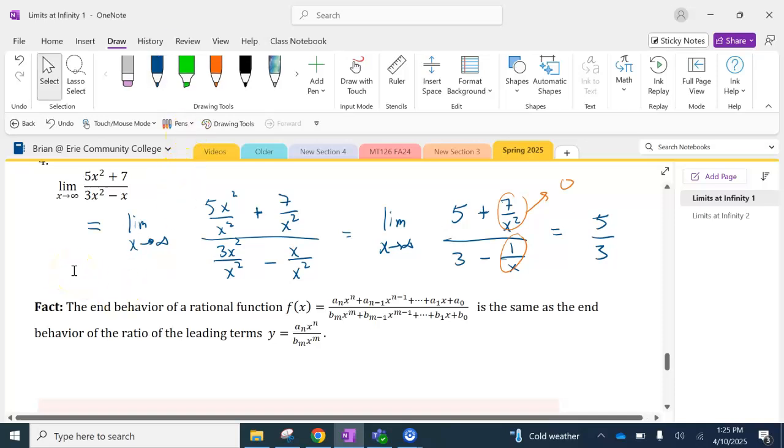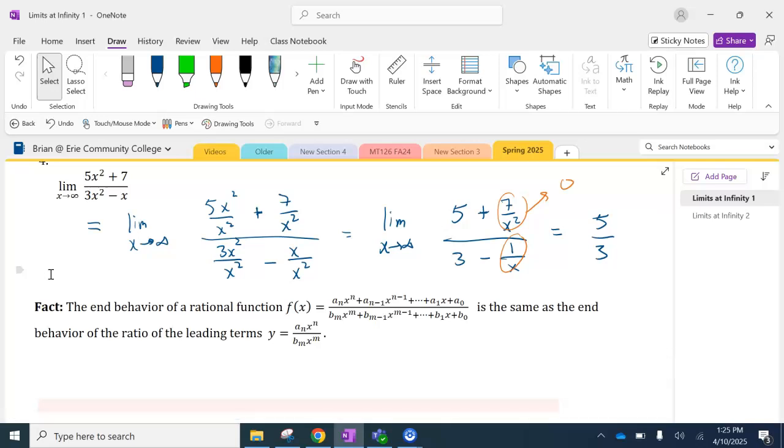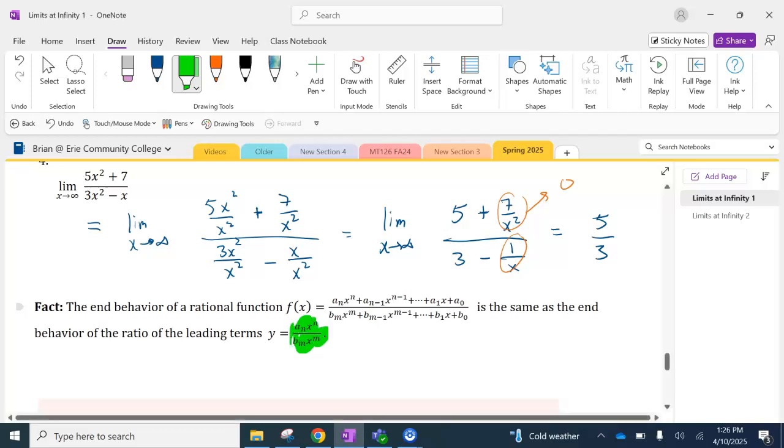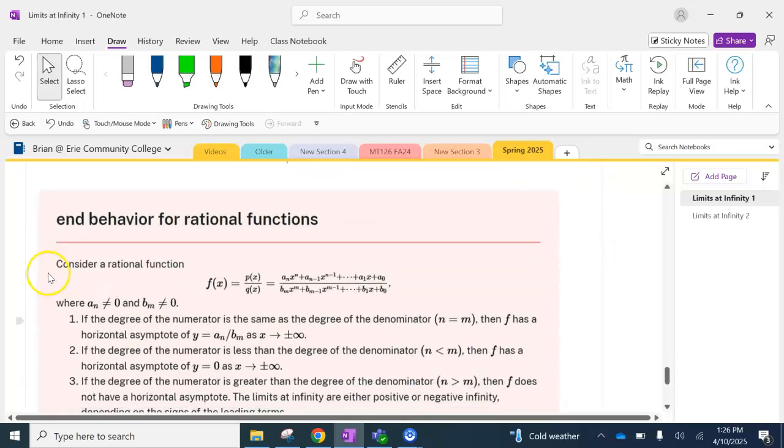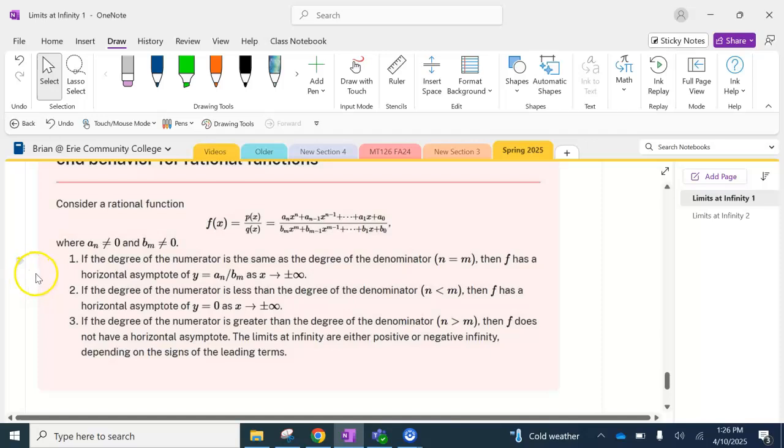So it depends, right? If we're looking at rational functions, the end behavior is the same as the ratio of the leading terms. So you take the leading terms and ratio them out, and that will determine your end behavior. That depends on whether the degree on top is bigger than the degree on the bottom. If the degrees match, you're going to have a horizontal asymptote like in the last example.